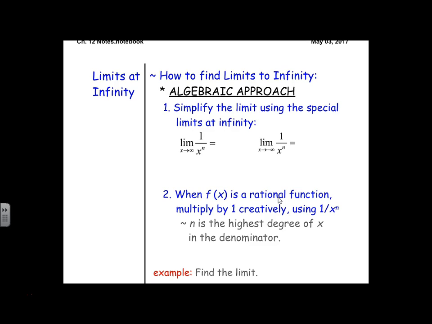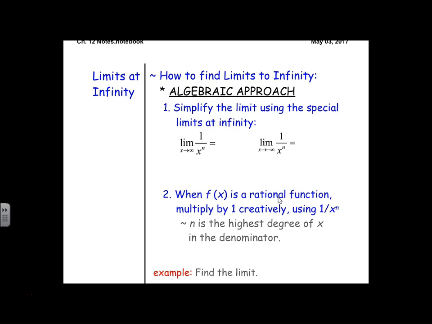Go to your table. I want you to plug in something that would go to positive infinity. Plug in 10. Then a big jump, 100. Plug in 1,000. Don't think about the table, although it should agree.